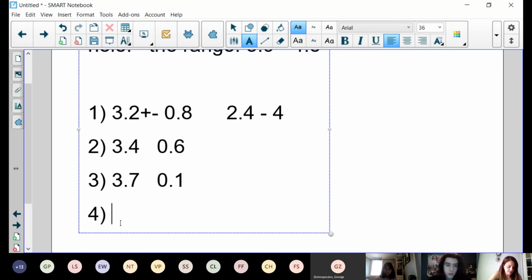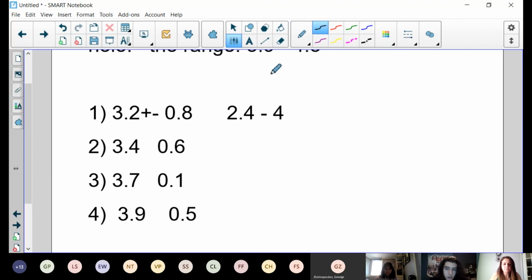And this one, number 4, is 3.9, give or take 0.5. I'll give you a minute. I need you to figure out the range of the sizes.